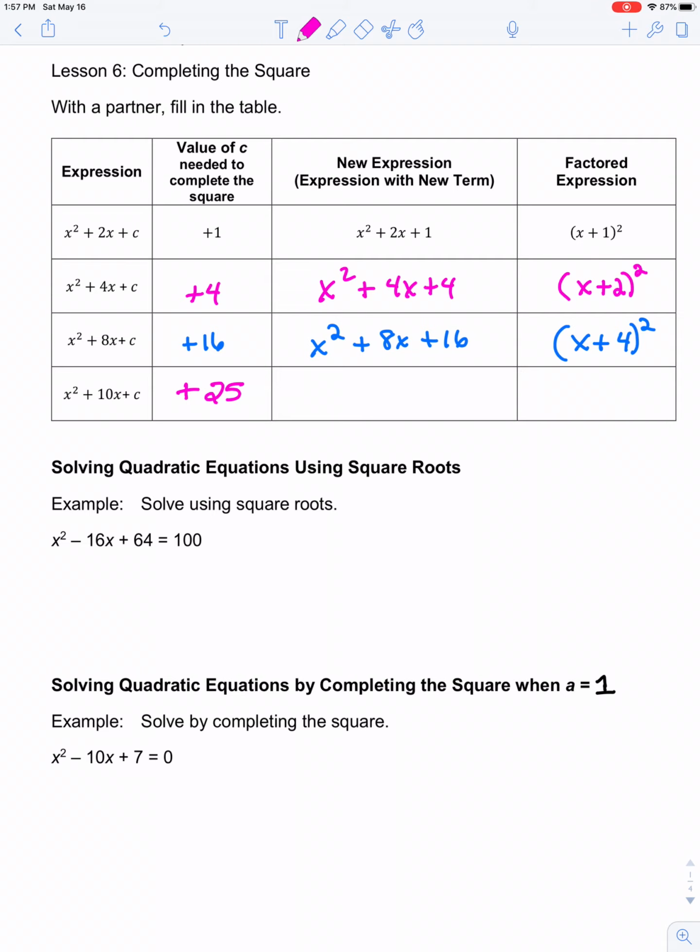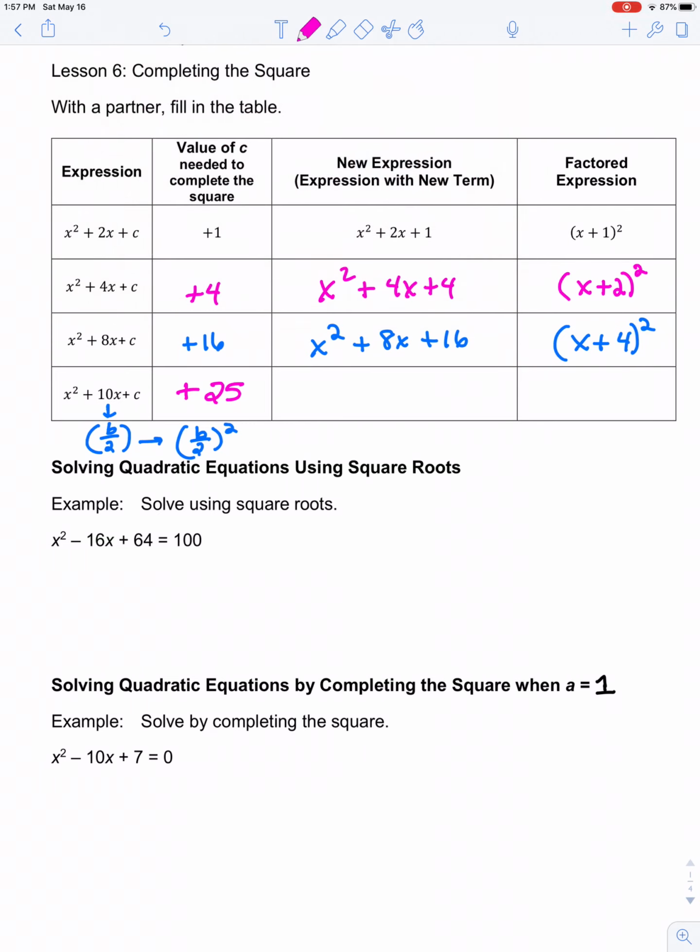Where am I getting the 25? As a reminder, we take half of b, so b divided by 2, and square it. That gives us the 25. So half of 10 is 5, 5 squared is 25.